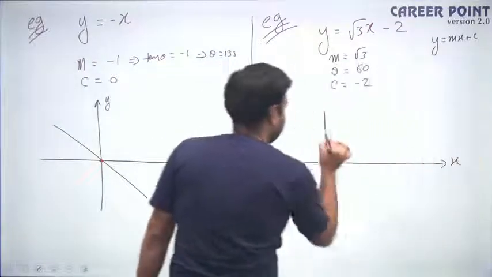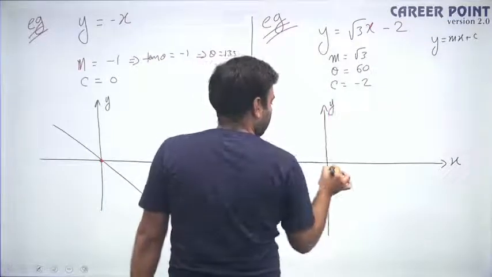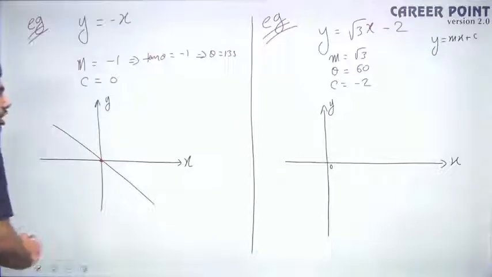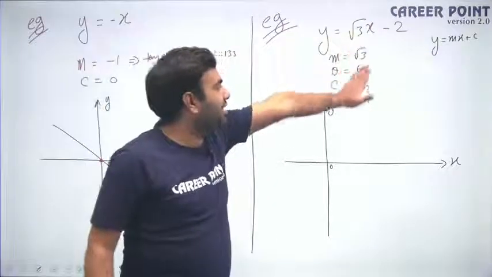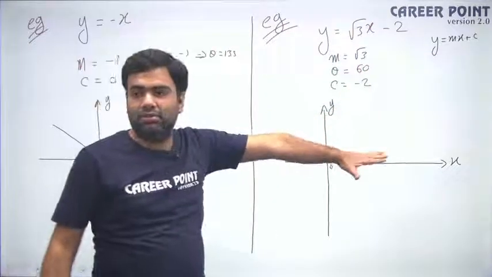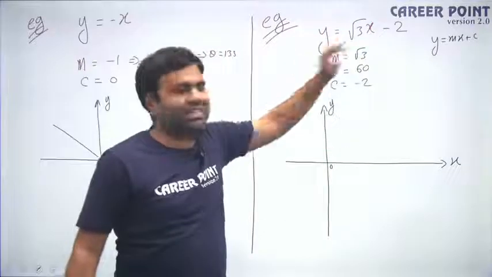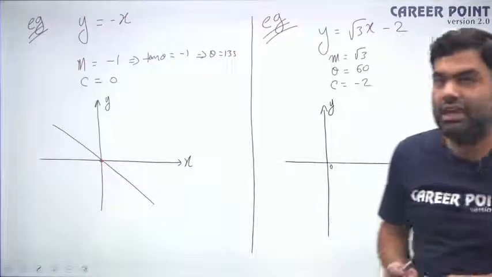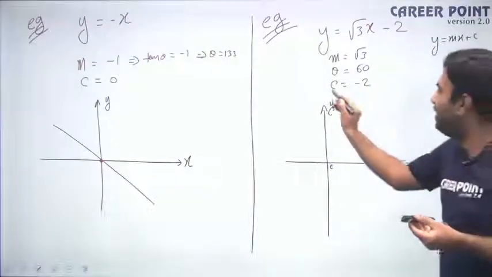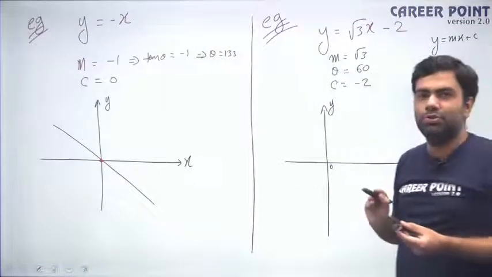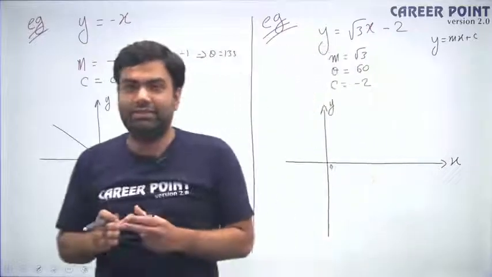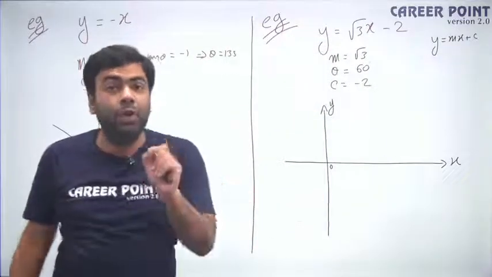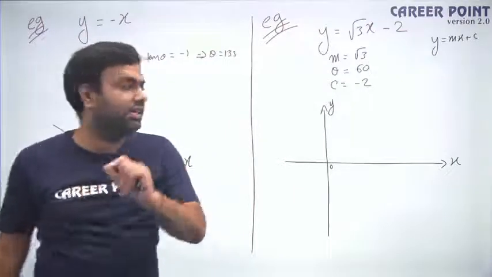This is the x-axis, this is the y-axis, and this is the origin. Now, we got the value of theta. That means the graph will make what angle? A 60 degree angle from the x-axis, and its y-intercept is -2. That means it will cut the y-axis where the y-coordinate is -2.